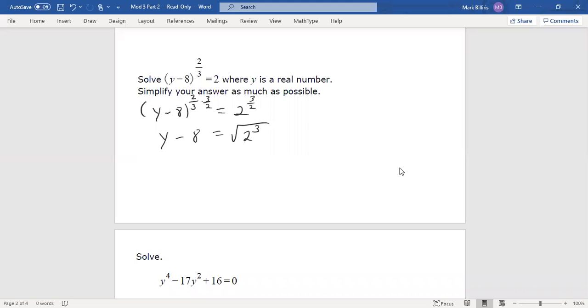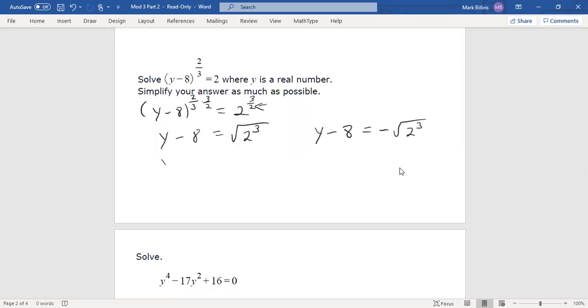So we would also have y minus 8 equaling the opposite of 2 to the 3rd power. Again, because of our denominator being 2, and since we're taking the square root, we're going to have two answers.